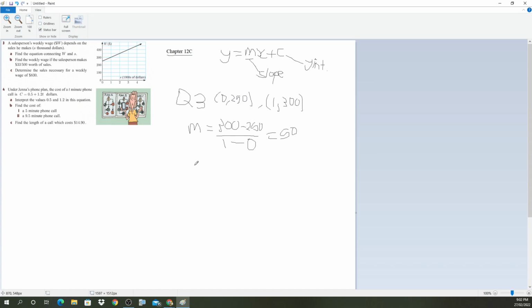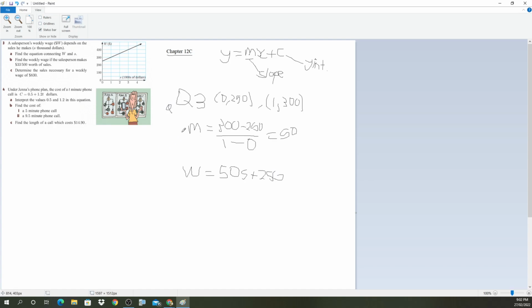So the equation is, now you can either write it with y and x, I will accept it, but to be correct, it's actually w equals 50s plus 250. Okay, that's part A.